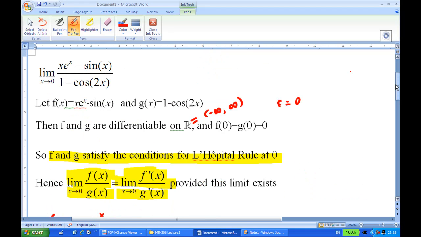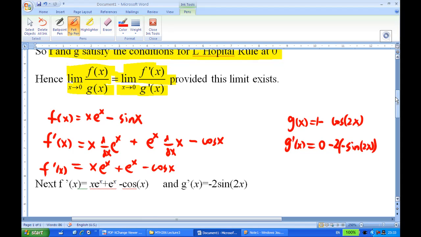So in the end, g prime x is equal to 2 sine 2x.